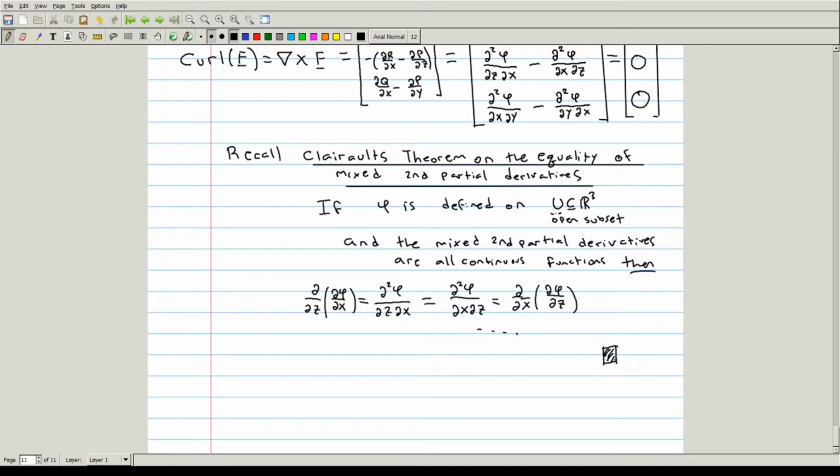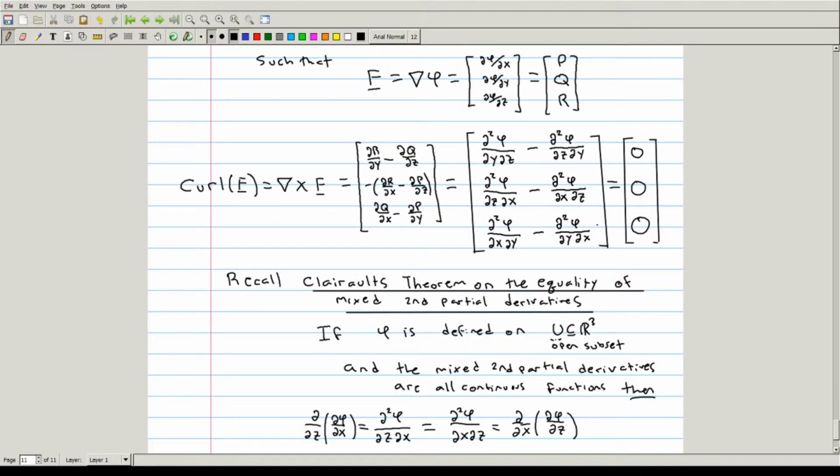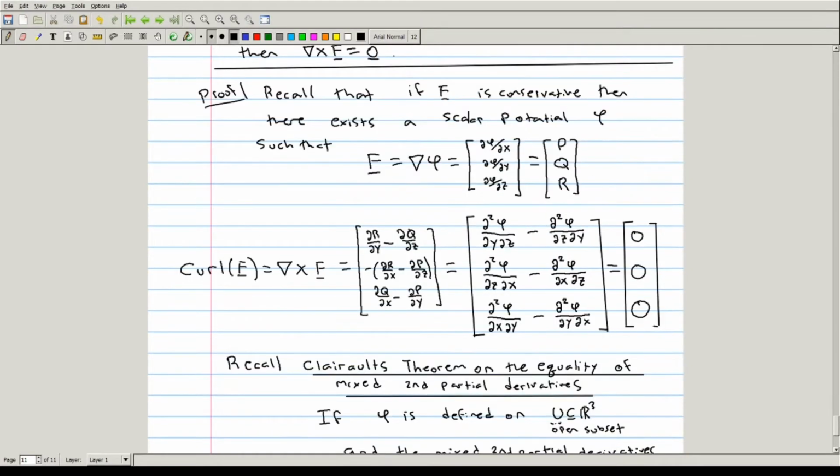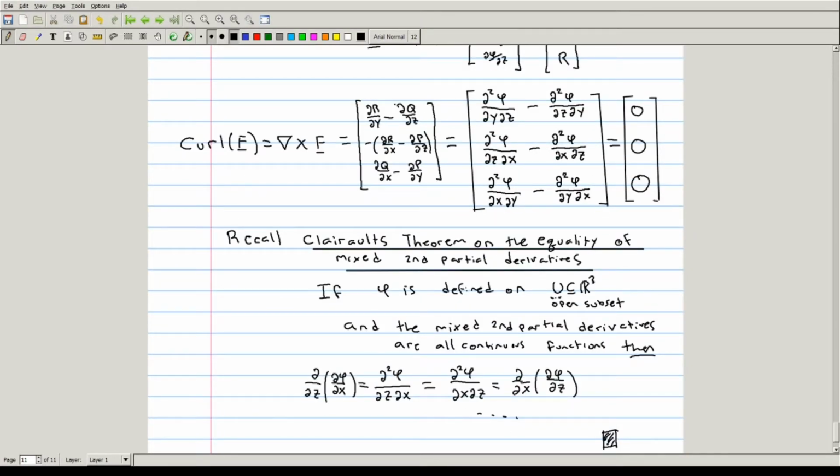and it's a direct explanation for why this is a sufficient test for us. For a given vector field, if one of the components of the curl of that vector field is non-zero, then necessarily the vector field F will not be conservative.